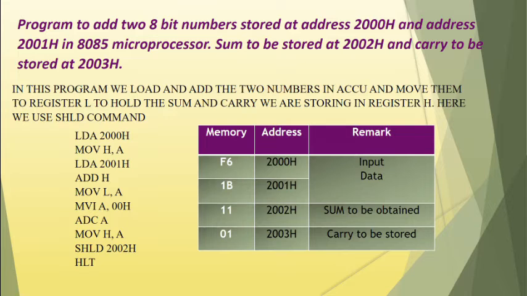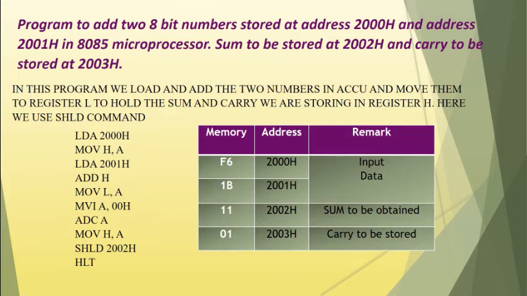remain 0. Now we will move the contents of the accumulator, which contains the information about carry, to register H, and will use the command SHLD 2002. This command will load the contents of L into the memory location 2002.